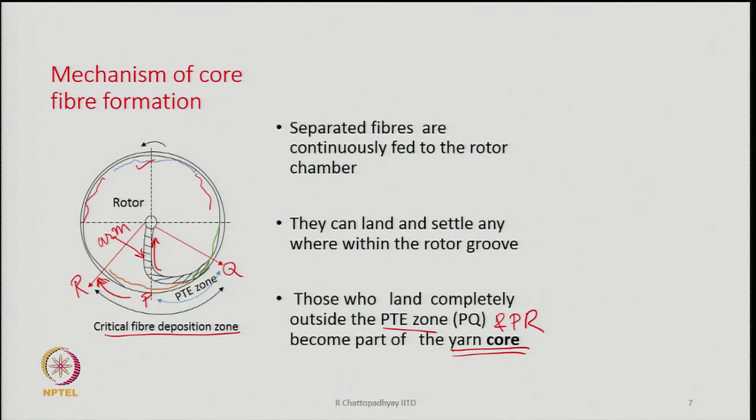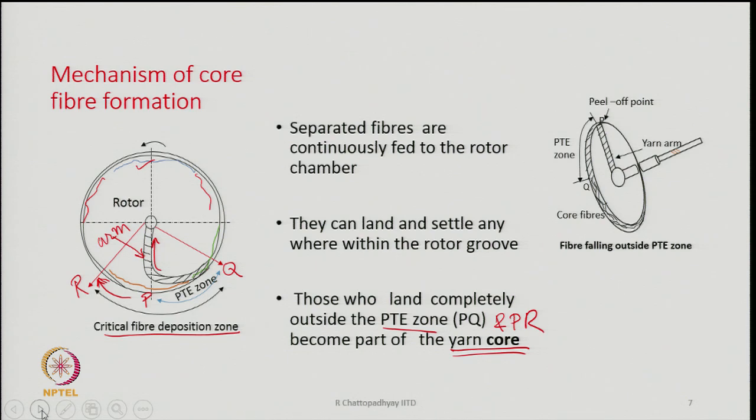We call this the critical fiber deposition zone, because if fibers land here, what happens to them? We are going to discuss this point now. In this diagram, these are the fibers which are outside the critical fiber deposition zone. So, all these fibers are going to be part of the yarn core.